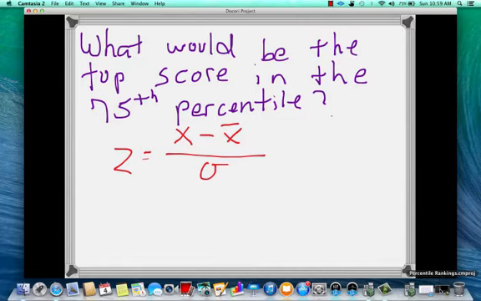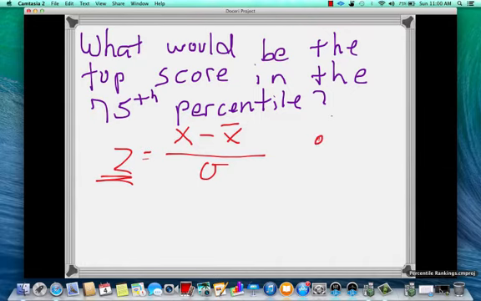X is going to represent your score, the actual test score that's going to be in the 75th percentile. What we need is to find that Z from our table, the probability. That way we can actually make our calculation.